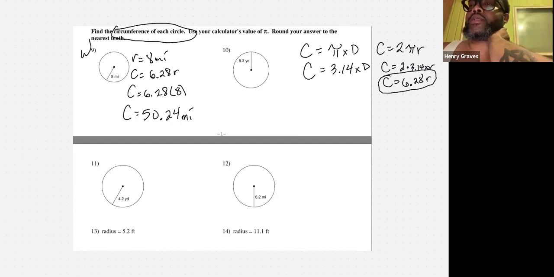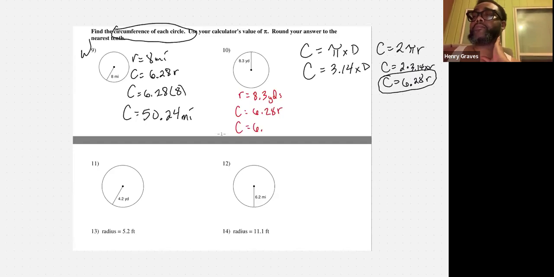You have a radius of 8.3 yards. So I'm going to know my C is equal to 6.28 r. So C is equal to 6.28 times 8.3. So I'm going to do 6.28 times 8.3. This one's not as daunting as you might think.